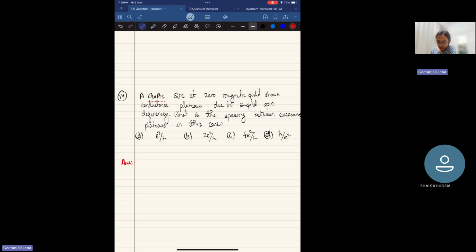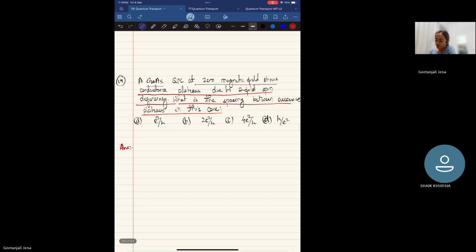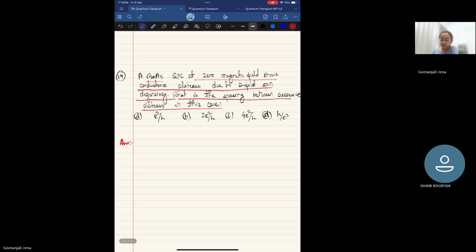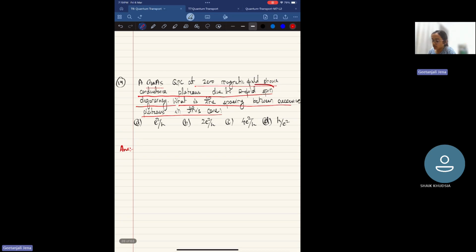Question number 14. A gallium arsenide quantum point contact at zero magnetic field shows a conductance plateau due to two-fold spin degeneracy. What is the spacing between successive plateaus in this case? You may say e square by h, but it's given that there is a two-fold degeneracy.